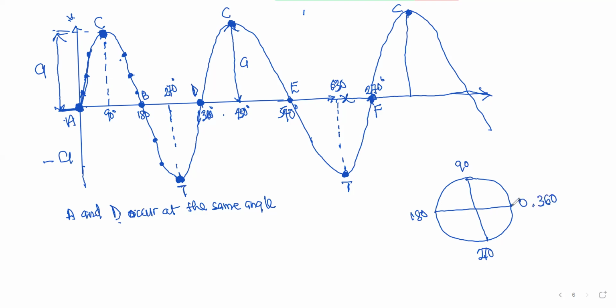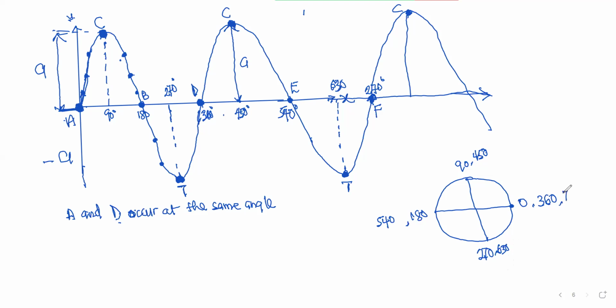So 0 and 360 occur at the same point. 360 plus 90 is 450. 450 plus 90 is 540. 540 plus 90 is 630.